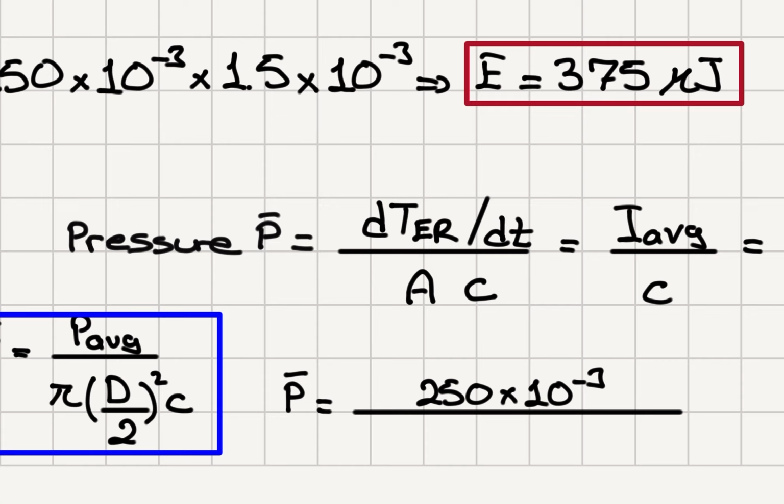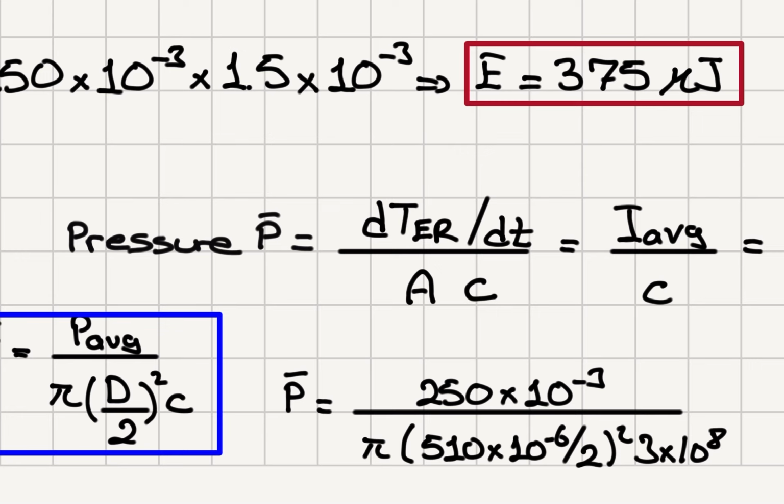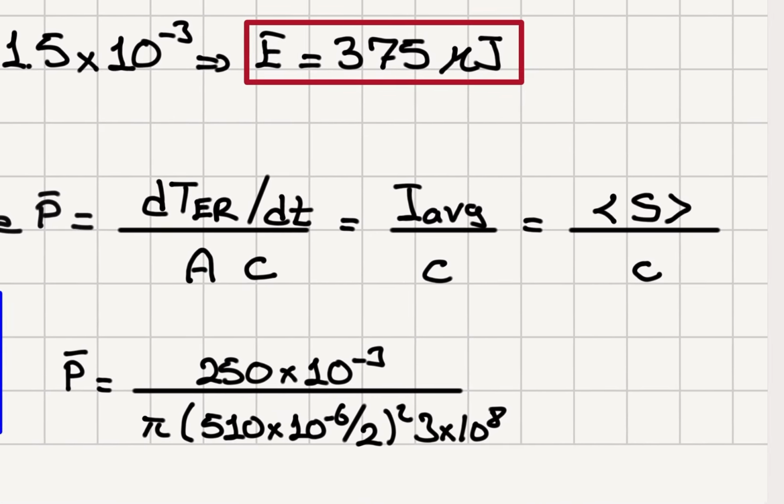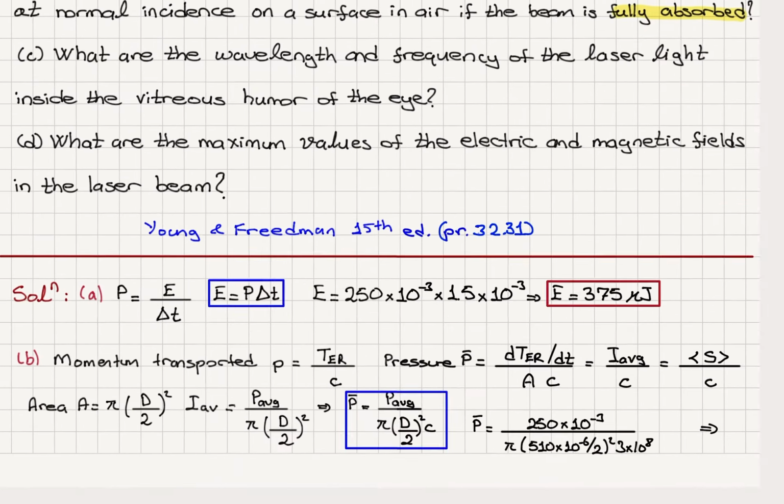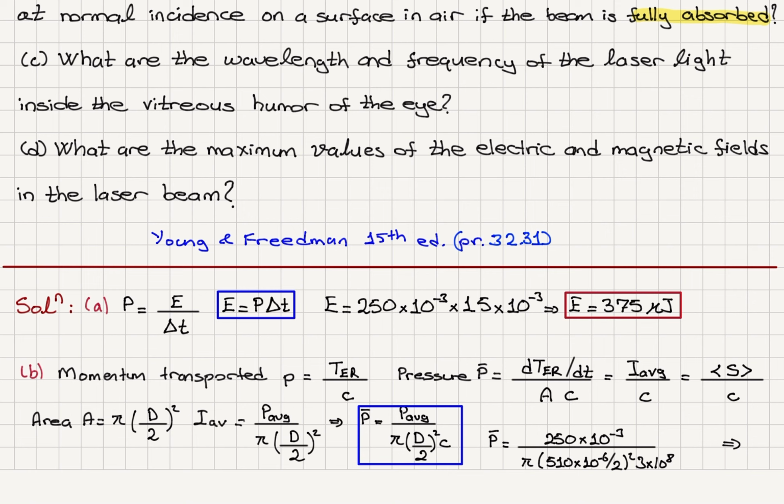Pi (d over 2) squared is pi times 510 times 10 to the minus 6 over 2, squared, and then we have the speed of light, 3 times 10 to the 8 meters per second. So this is going to give us the value of the average pressure that is being exerted.